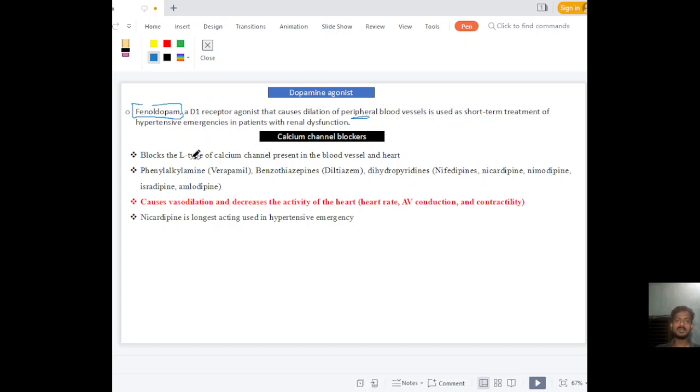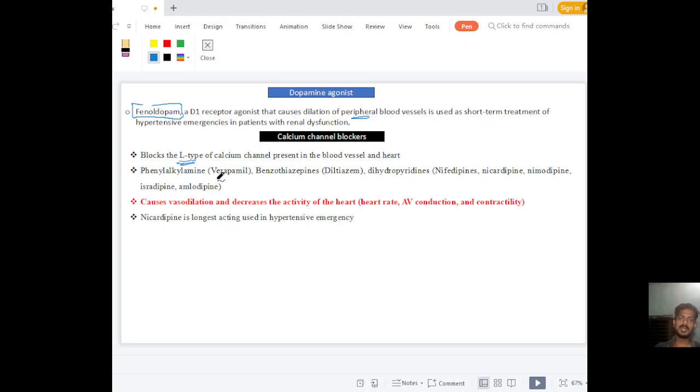So calcium channel blockers, basically L type calcium channel blockers, are present in your heart. These are basically given as a supplement, combined with other classes of drugs like ACE inhibitors and diuretics. So these basically block the L type calcium channels present in your blood vessels and heart.